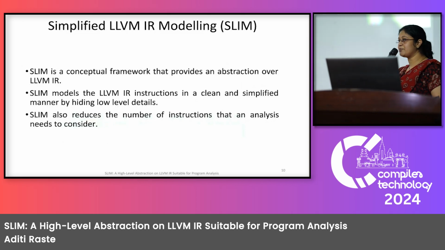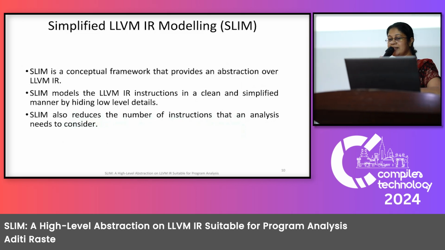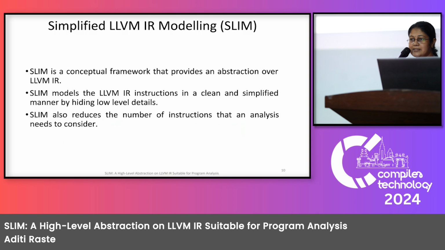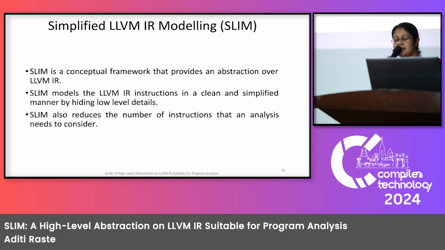SLIM is a conceptual framework that provides an abstraction over LLVM IR. SLIM models the LLVM IR instructions in a clean and simplified manner by hiding the low-level details. SLIM also reduces the number of instructions that an analysis needs to consider.